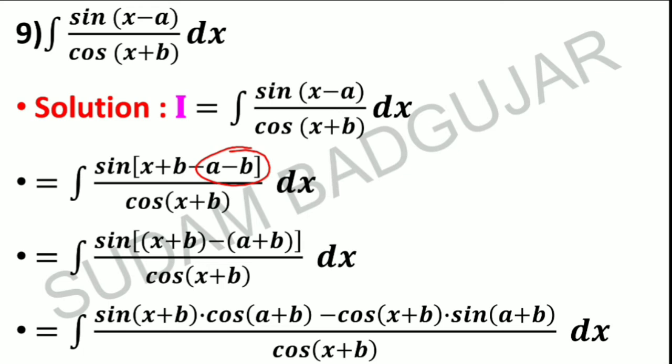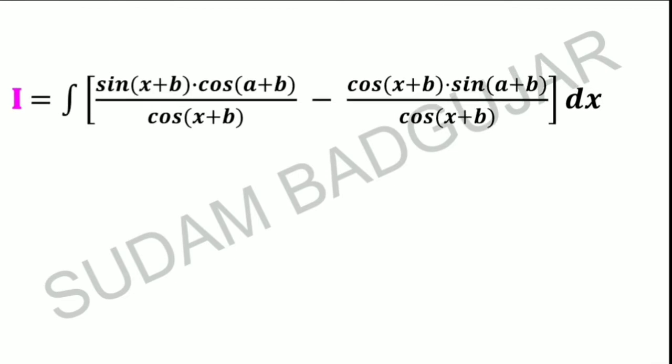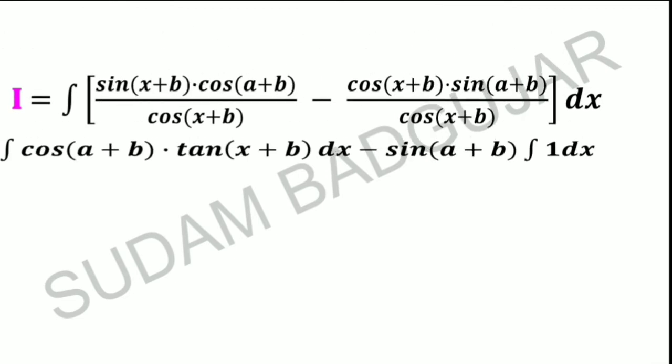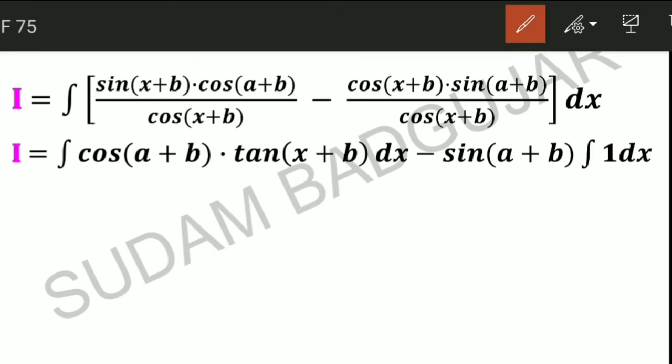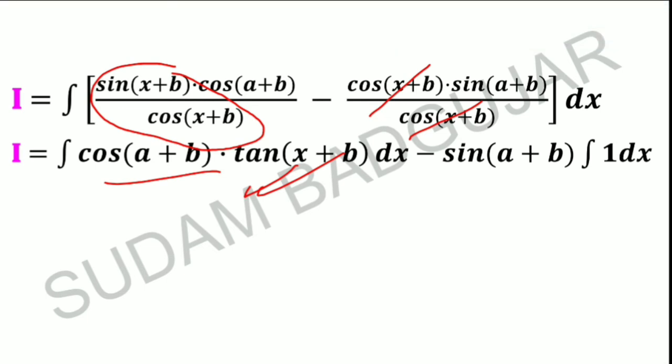Now you have to split this: the integration of first factor upon denominator minus second factor upon denominator. Here you have to cancel some factors: cos of x plus b gets cancelled, and sin upon cos is tan of x plus b, while cos of a plus b stays constant.